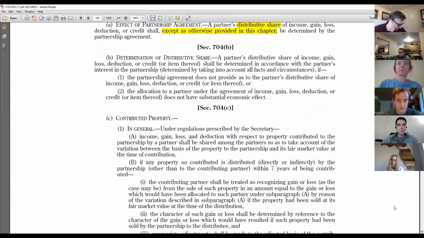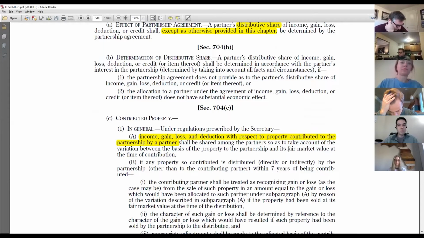704C is a limitation on that electivity. And 704C says income, gain, loss, or deduction with respect to property contributed to the partnership by a partner shall be shared among the partners so as to take into account the variation between the basis of the property contributed and its fair market value.